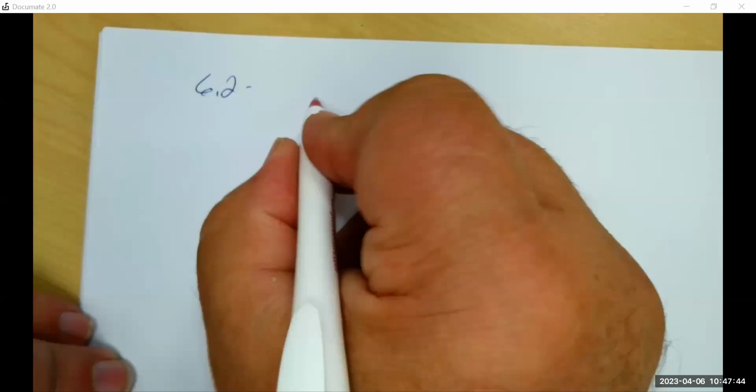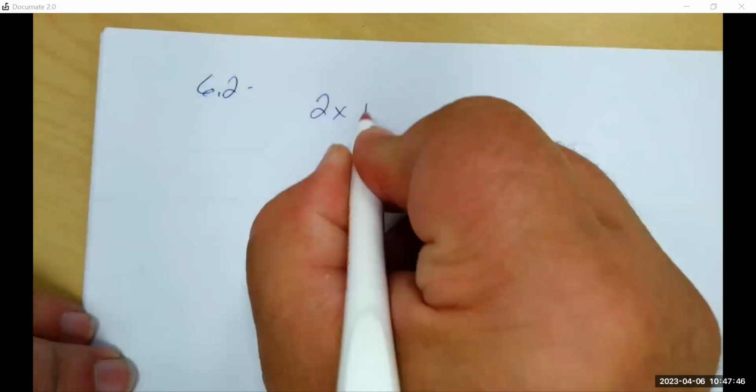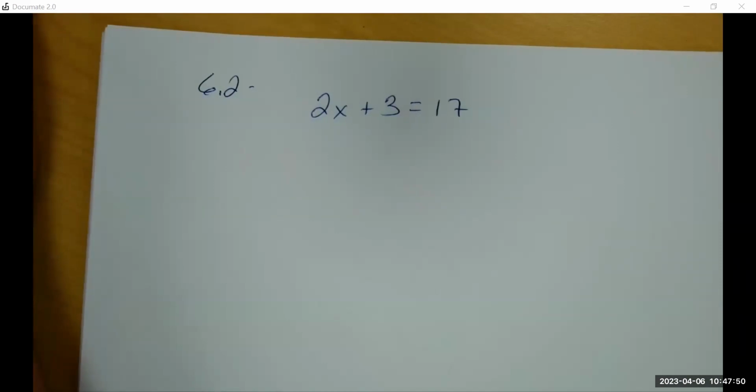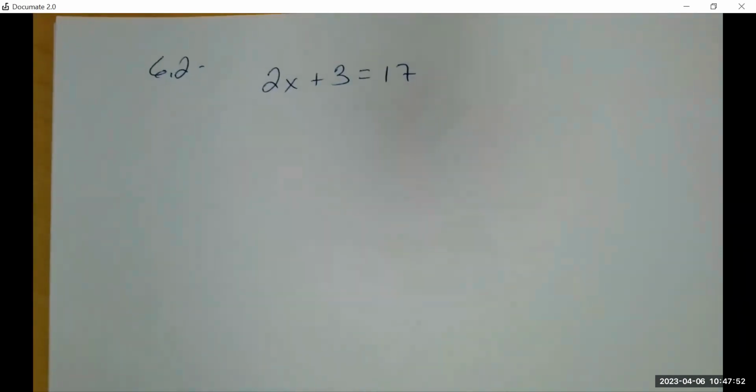Okay, let's do a couple of examples here on 6.2. Now what we're doing here is solving. So let's say we had 2x plus 3 equals 17. We're going to do an easy one and a big one. It's the same rules all along, and next time we'll expand the rules.